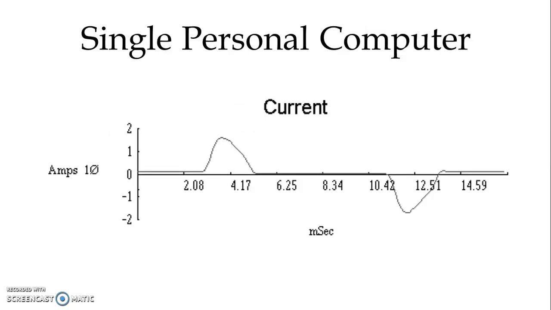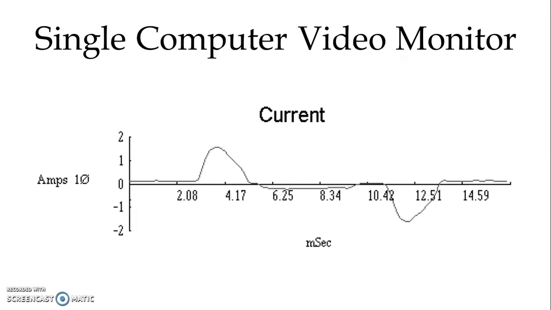Now, this is the current waveform, the current distortion for a single personal computer. In the same way, we can observe the current distortion for a single computer video monitor. We can see the amount of current is very small, but the collective effect on the load side, the current distortion, is very drastic.